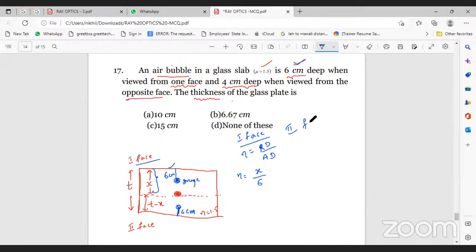For the second face, the refractive index must be the same, no? Because it is the same slab. So what is real depth by apparent depth for the second face? The real depth is T minus x, divided by the apparent depth, 4 centimeters. What is the n value they have given? 1.5.